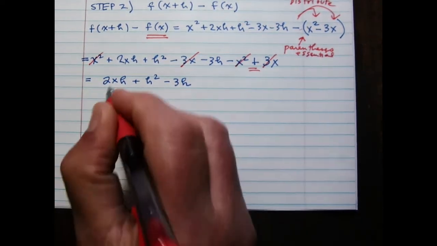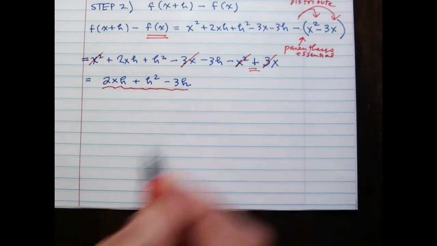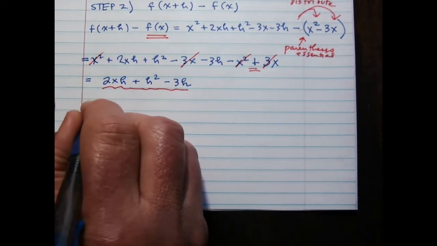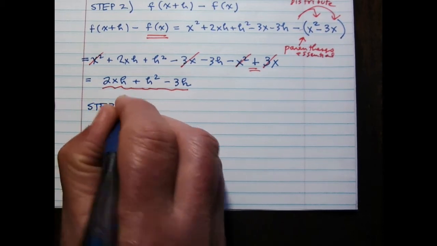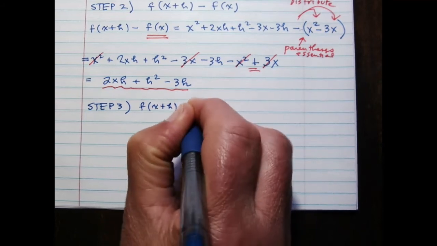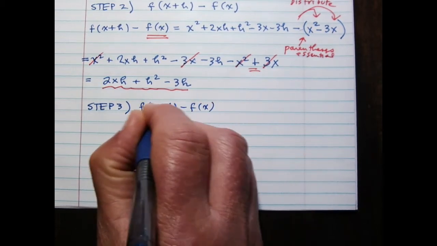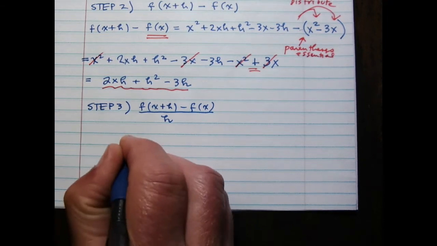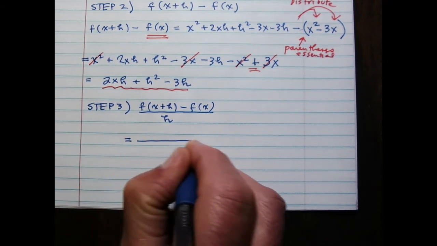This is the end of my step 2 now. Now in step 3, we're going to put it all together. So we want f of x plus h minus f of x all over h. And see, we already have that numerator.